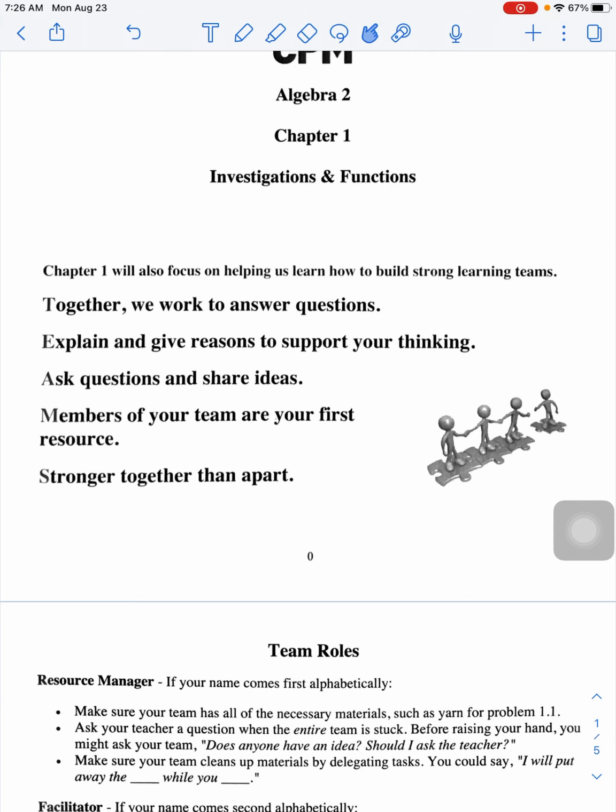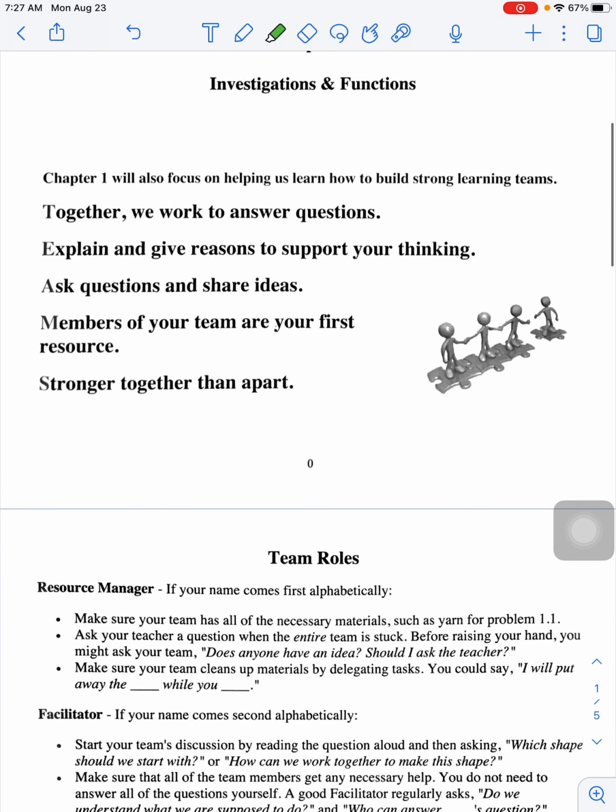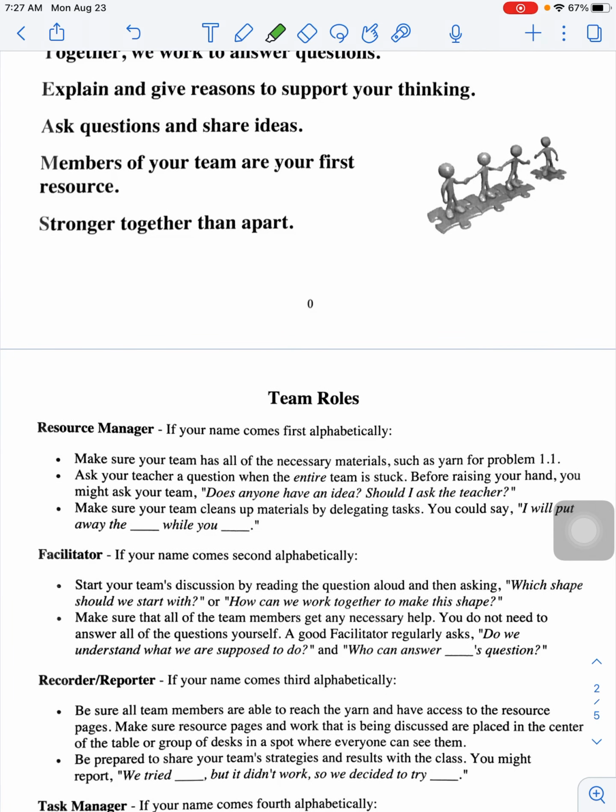Now, I realize that last year was remote, so you weren't doing any teamwork sophomore year, but freshman year you were. I'm not going to eat up a bunch of video time going through roles because I'm not going to assign you roles today anyways, but I will remind you of what those roles are.